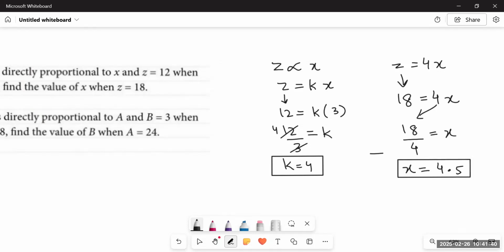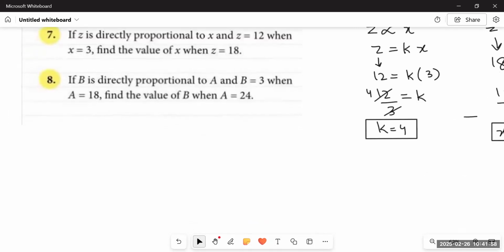That's it. We have discussed this question in detail previously when we discussed the questions from 1 till 4. So if you haven't watched that video, first watch that video. Next, we have if B is directly proportional to A and B is equals to 3 when A is equals to 18. So basically the same process would be followed.